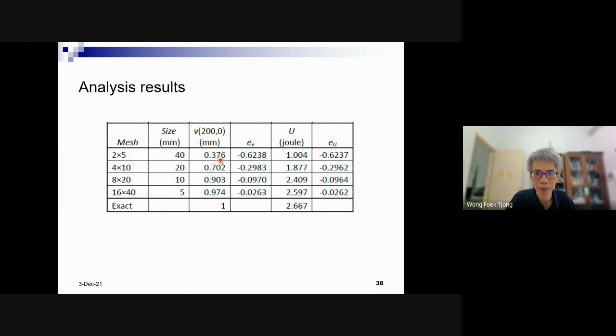It means the CST element cannot predict the pure bending condition. Unlike pure tension and pure shear, the CST element performs quite poorly in pure bending problems.